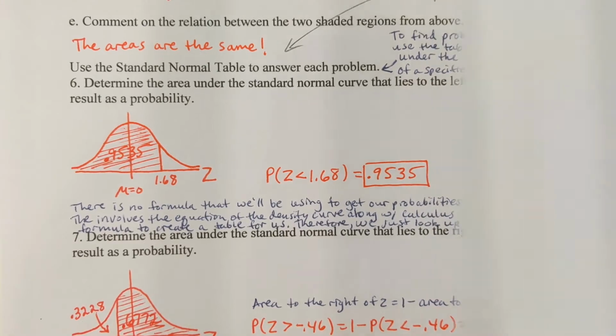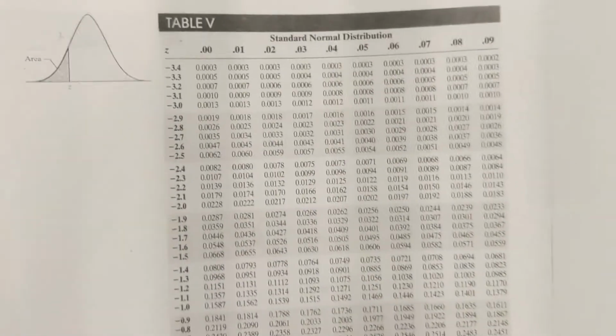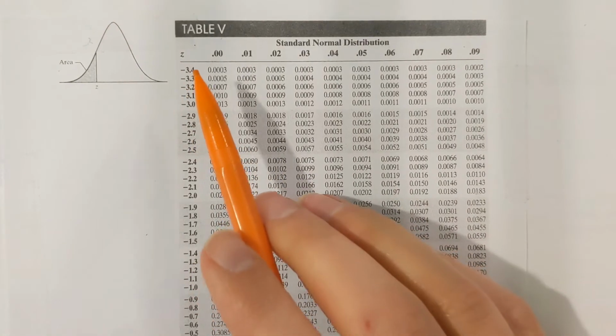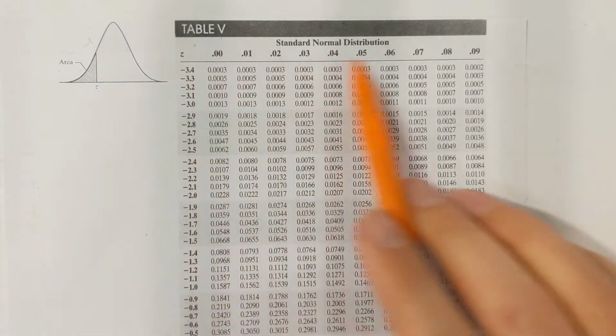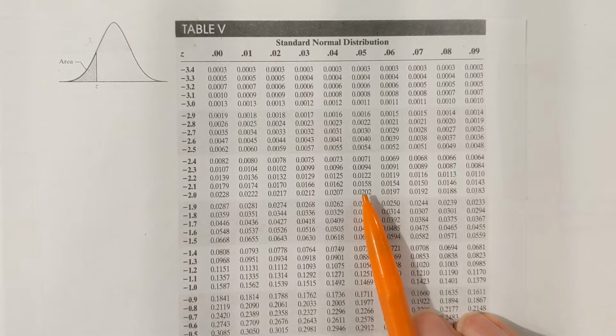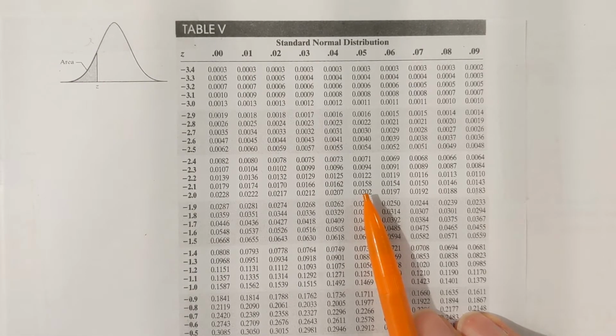So now I'm going to go to the table and look up my answer. On this table we have z-scores that we're going to have to match up in order to calculate our probability. In using the table, you are going to omit the rightmost digit in the number.